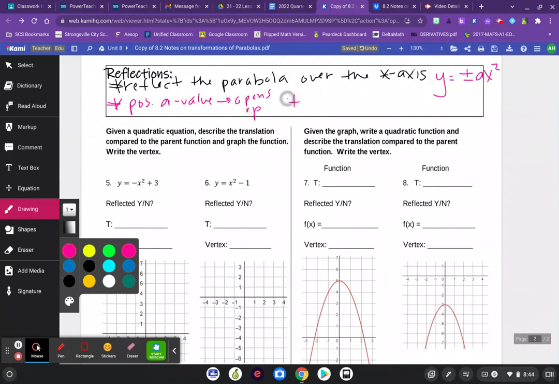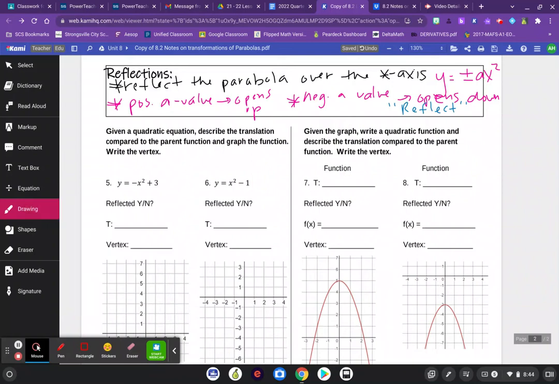But if I have a negative a value, a negative a value means that my parabola opens down. And when my parabola opens down, this is where we use the word reflect. So instead of saying opens down, we say, oh, there was a reflection over the x-axis, is the more mathematical way of saying that. Okay.